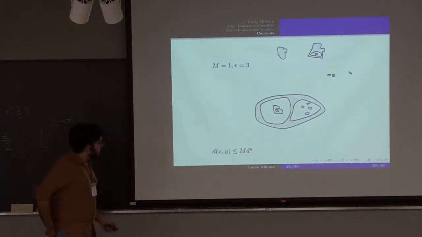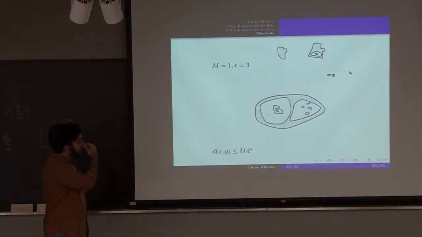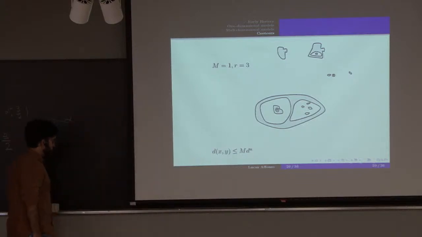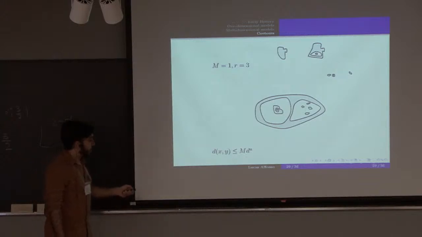So the idea is that you take away every component that has less than a fixed number of points, and their distance is less than this. So they are not exactly connected, but they are small and they are close in some sense, because, as I said, M will depend only on alpha and D.